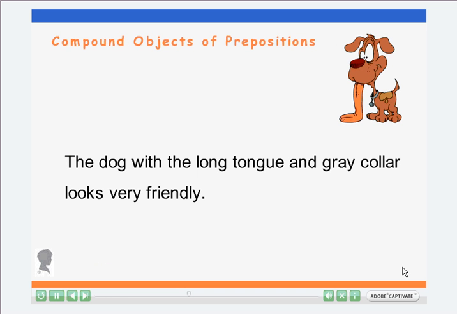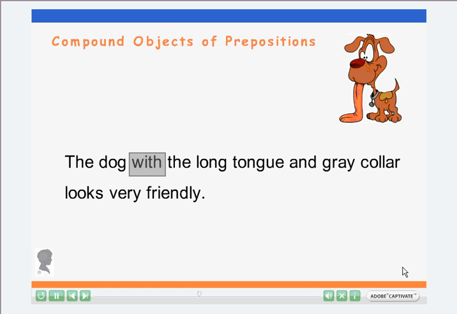As with many other parts of speech, it is possible that a preposition may have more than one object. Look at this sentence. The dog with the long tongue and gray collar looks very friendly. What is the preposition in this sentence? It is the word with.